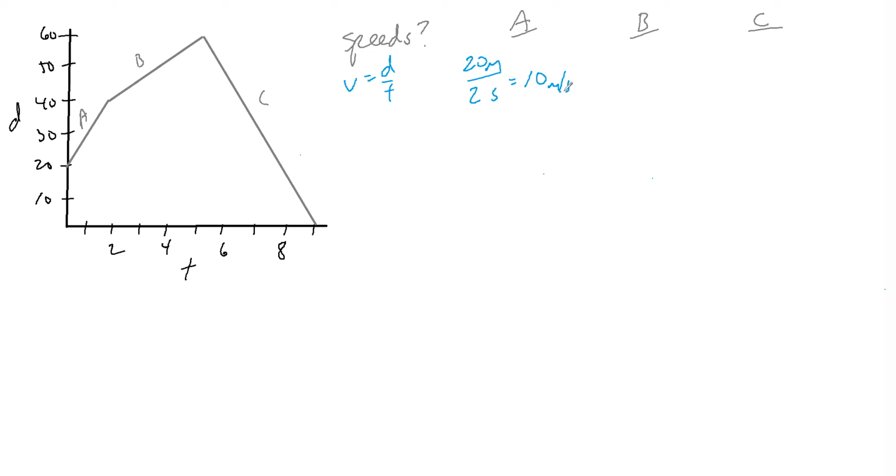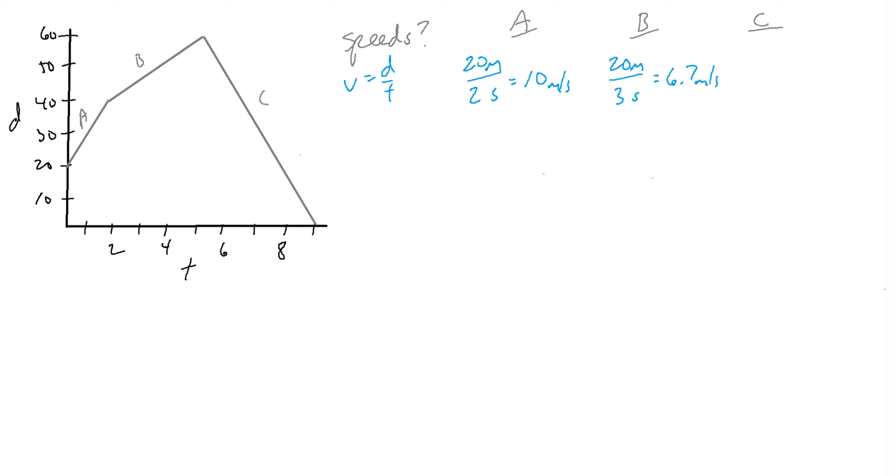Okay. So I'll go to the second part, part B. And how far did it go? Went from 40 all the way up to 60 meters. So again, went 20 meter distance. And how long did it take? Well, this time it took 3 seconds. So we'll divide that out instead. And of course, we'll round off a little bit, but that's going to be 6.7 meters per second.